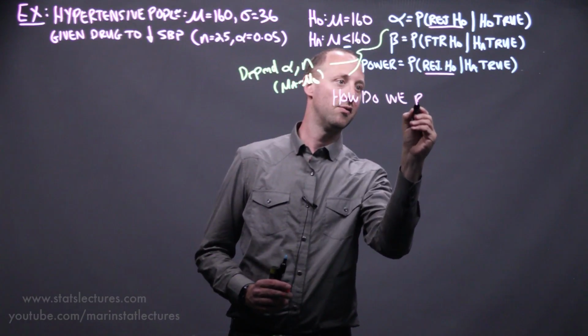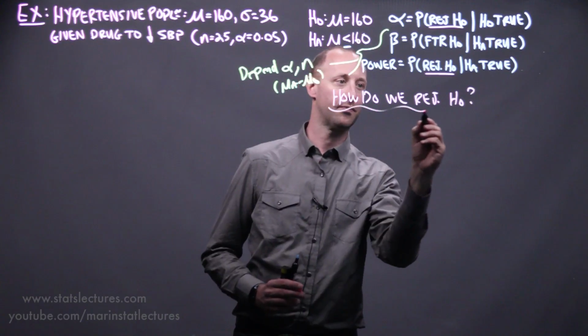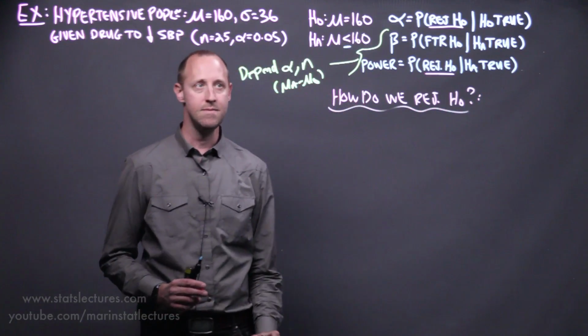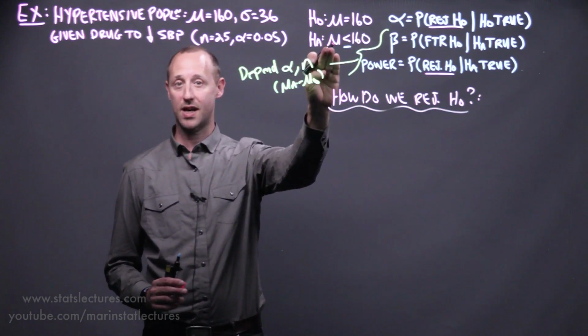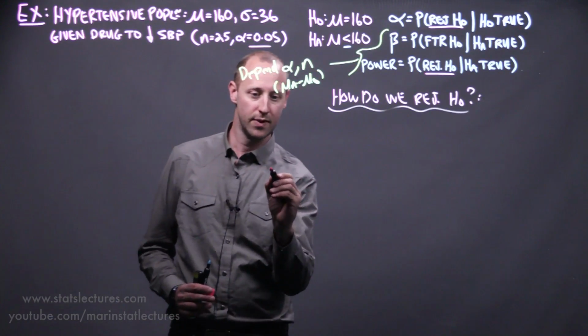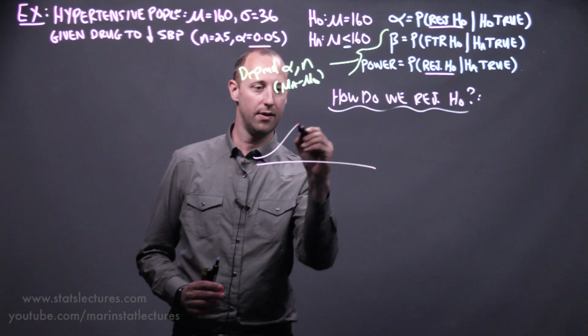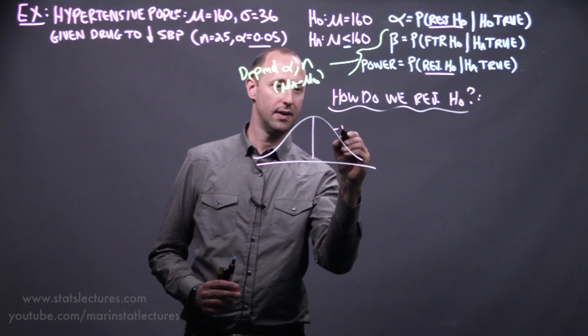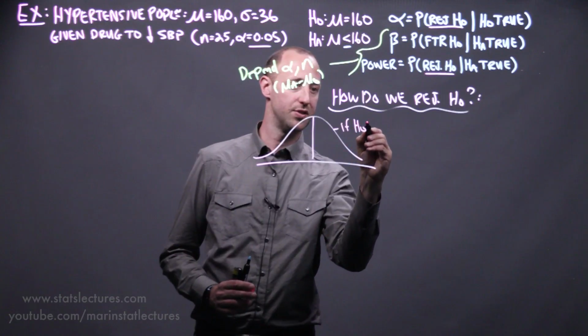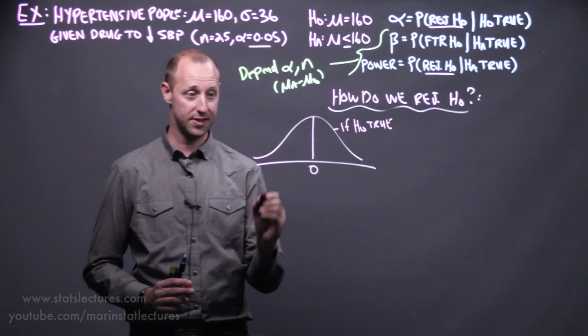How do we reject the null hypothesis? So here we're doing a one-sided hypothesis test, and we're going to use an alpha of 5%. Okay, so essentially what we want to find there, and this is if the null hypothesis is true. This is looking at our test statistic.